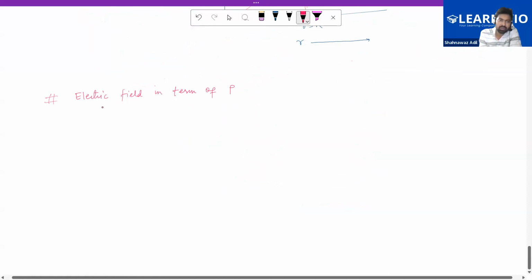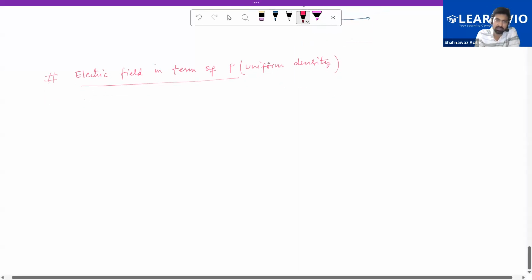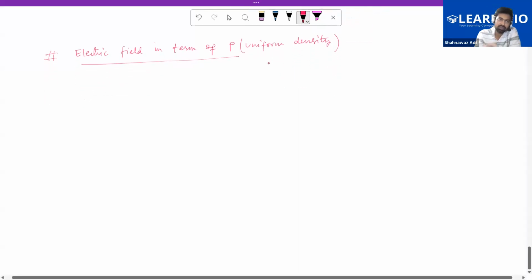And remember, up to this point we are only talking about uniform density. I will just write the expression for the non-uniform one, but generally you don't have a non-uniform one, and that is easy.